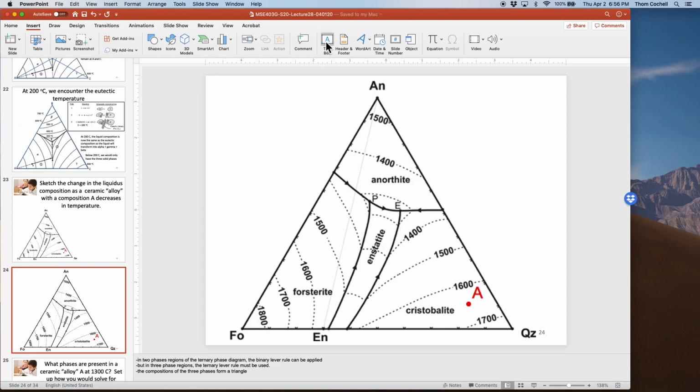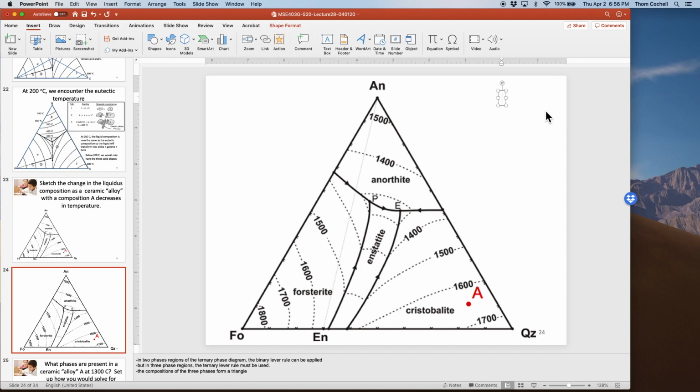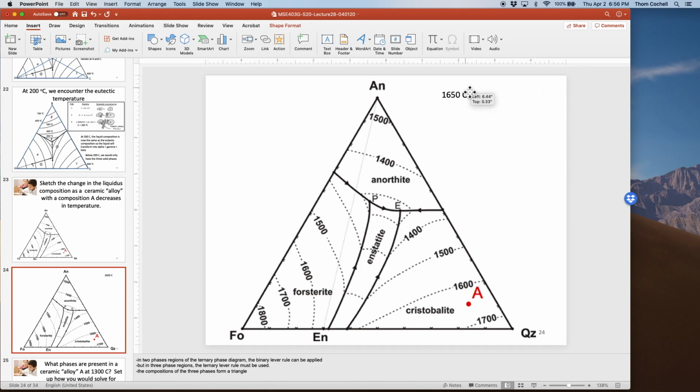Let me write that out for you. That's the first temperature that I see. At about 1650, this composition would go from 100% liquid and start to form the first solid.